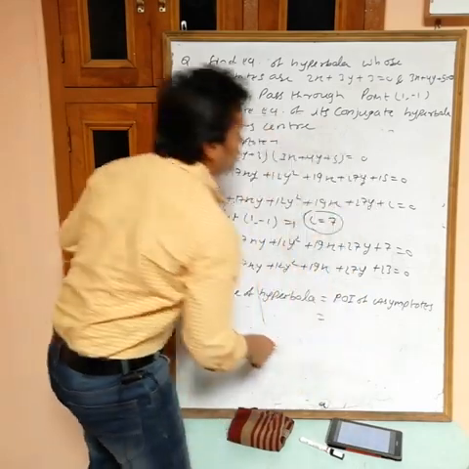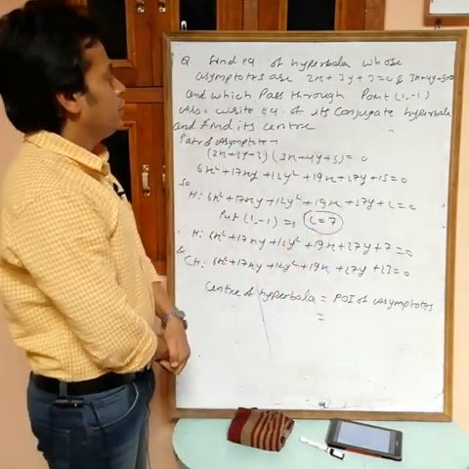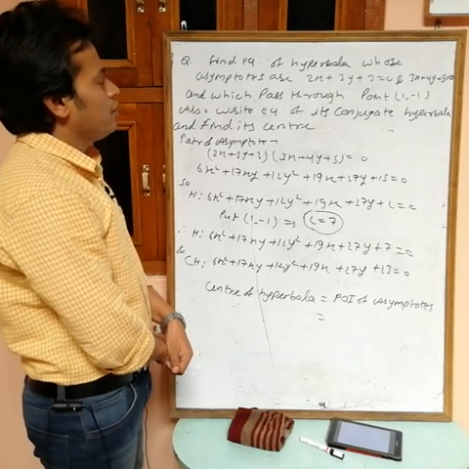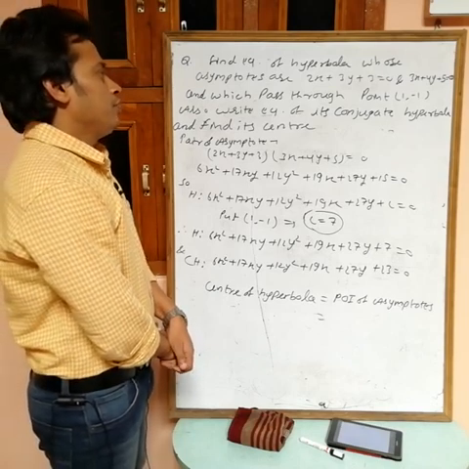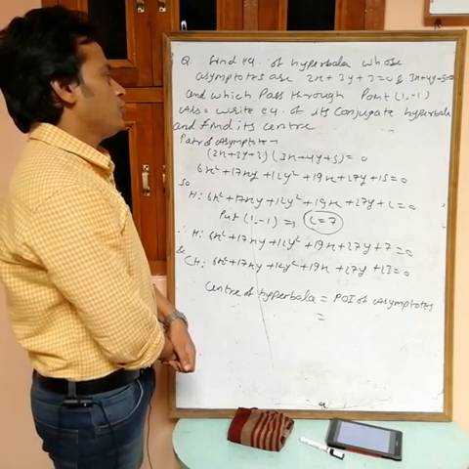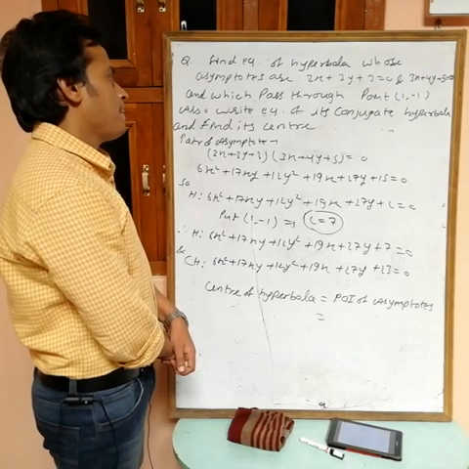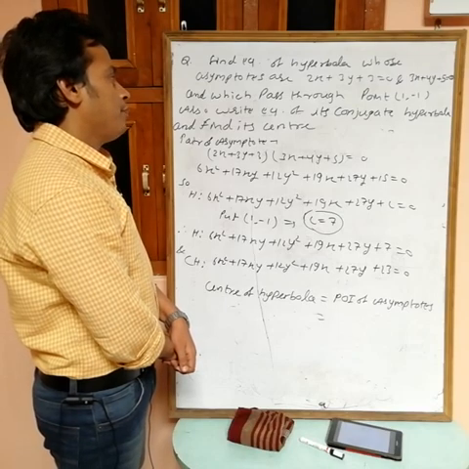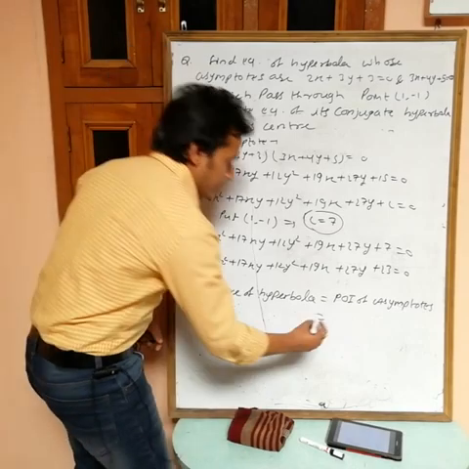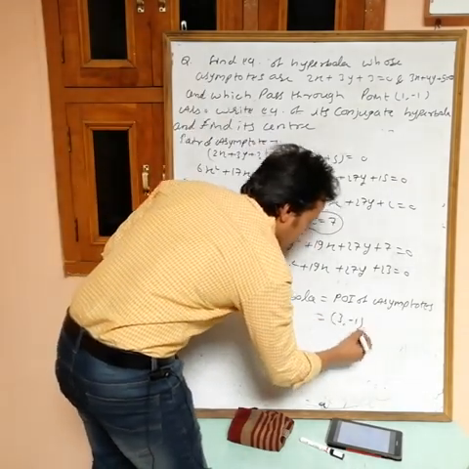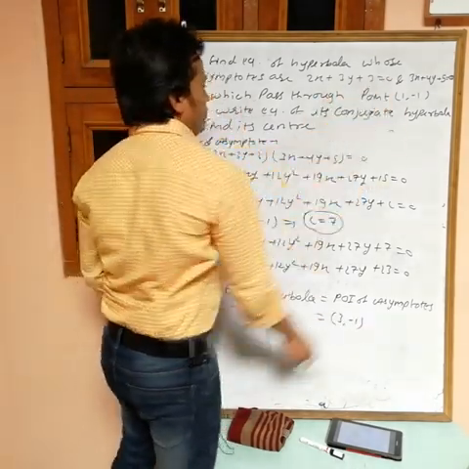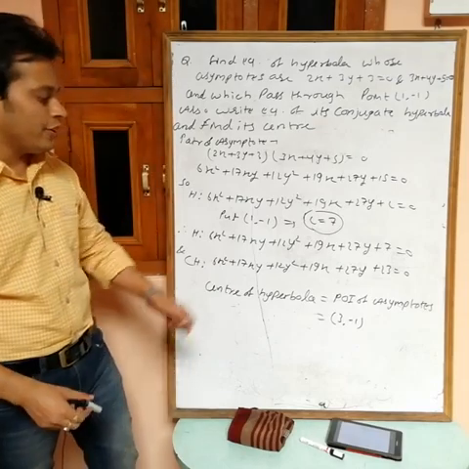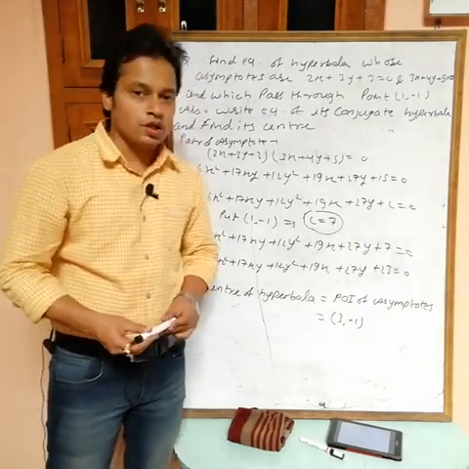If you solve 2x plus 3y plus 3 equals 0 and 3x plus 4y plus 5 equals 0, you will get the point of intersection as (3, -1). It means the center is (3, -1).